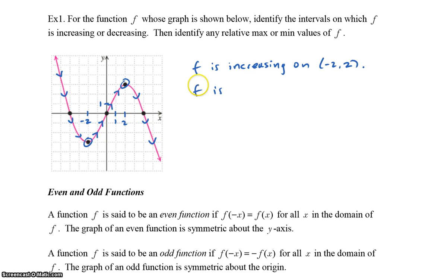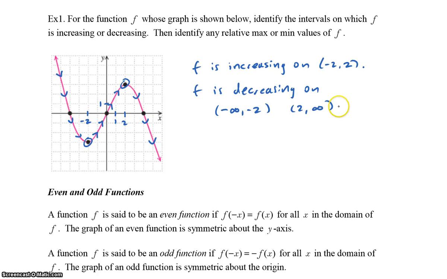F is decreasing on two intervals. So we'll write those intervals. On the interval -infinity to -2, and on the interval +2 to +infinity. Notice that we describe the intervals with reference to the x-axis, not to the y-axis.